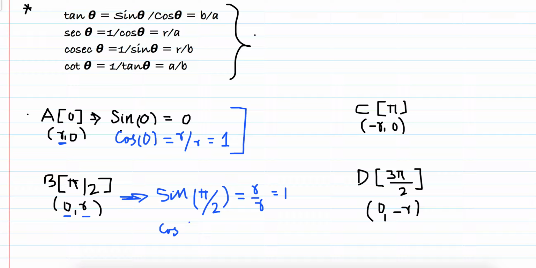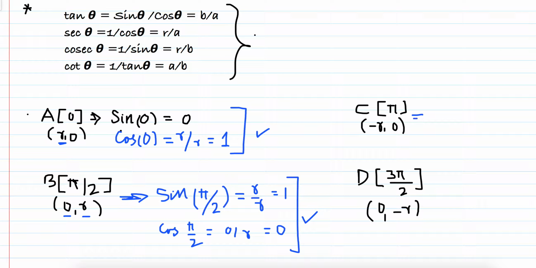And cos pi by 2 is equal to 0 upon R, equal to 0. So we see that for 0 radians, sine is 0, cosine is 1. For 90 degrees or pi by 2 radians, sine is 1 and cosine is 0.